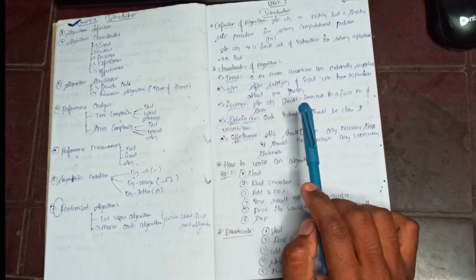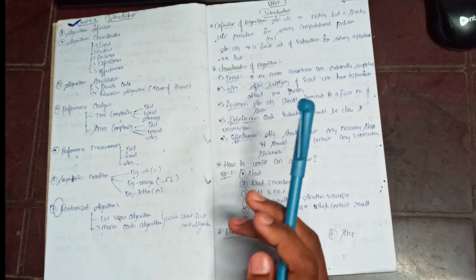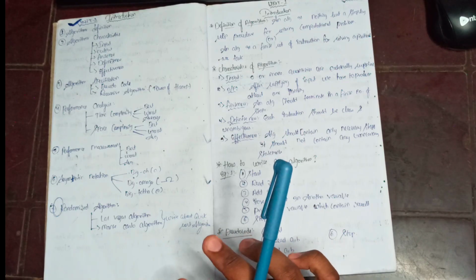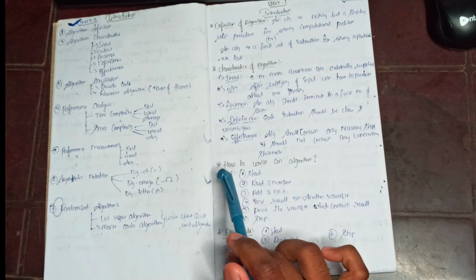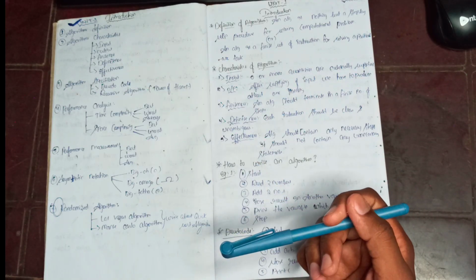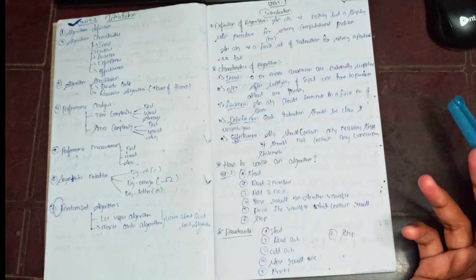And definiteness: each instruction should be clear and unambiguous. Taking the previous example, the instruction of every step is clear, right? So there is no doubt or ambiguity. Ambiguity is like when for a single input different outputs are coming.